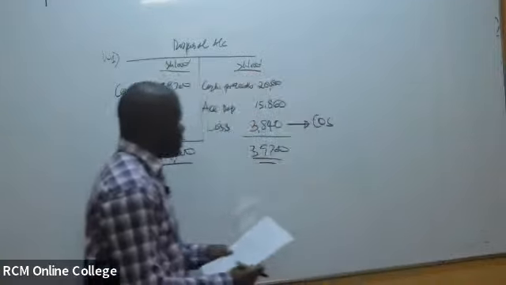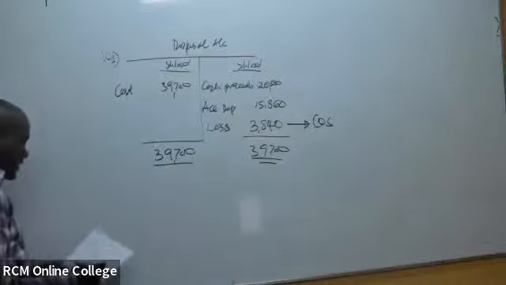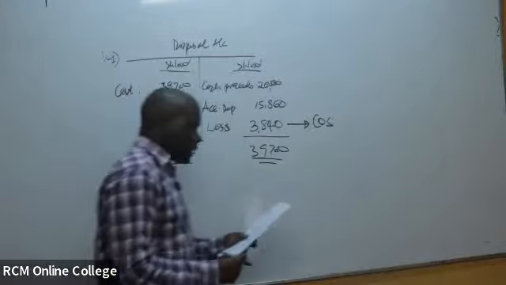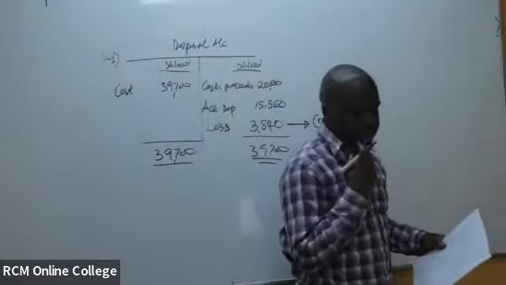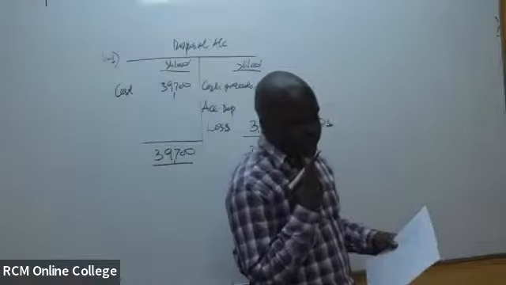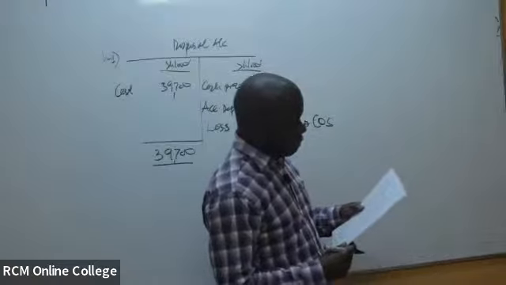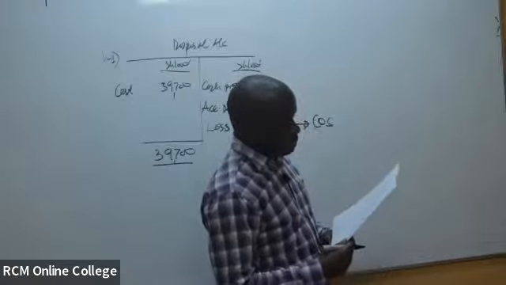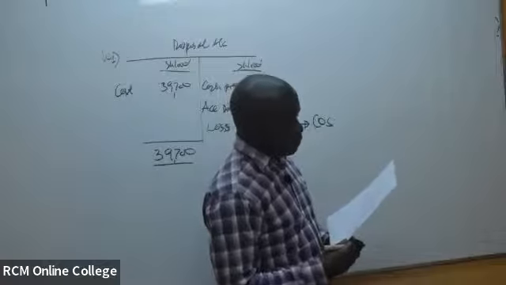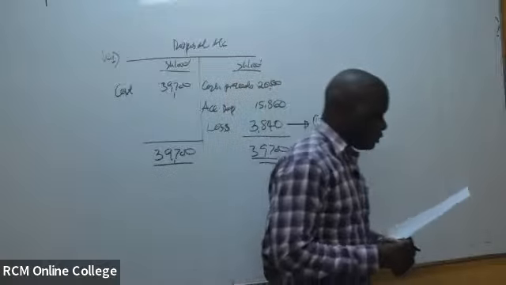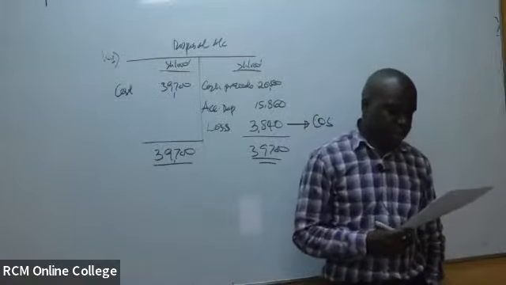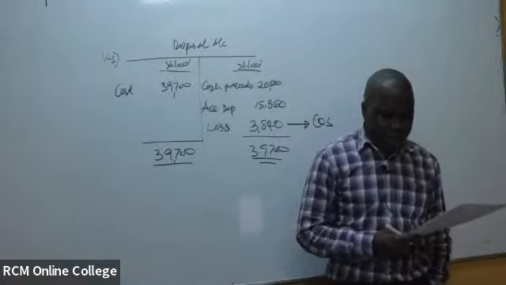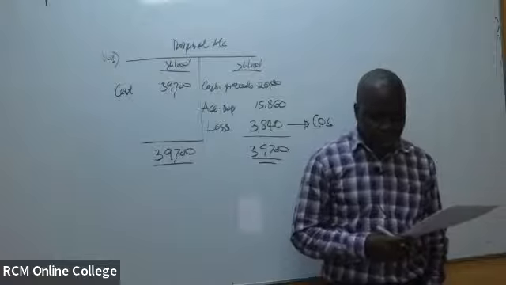So in this case, it means the revenue account was actually credited with an amount of 20 million, which were credited on the revenue account.